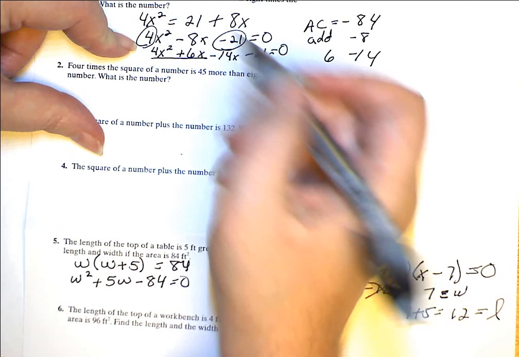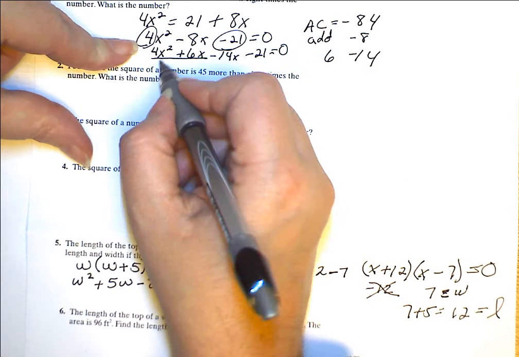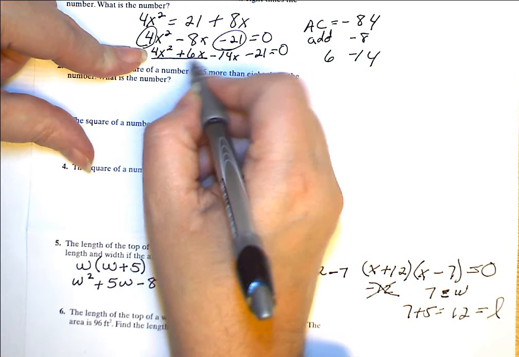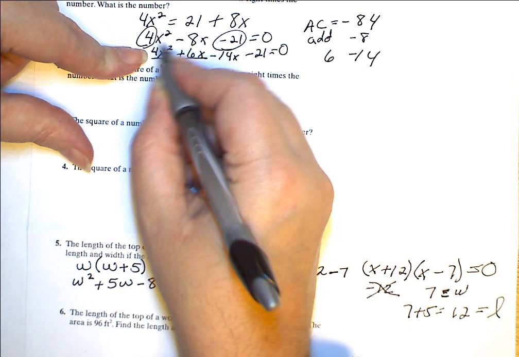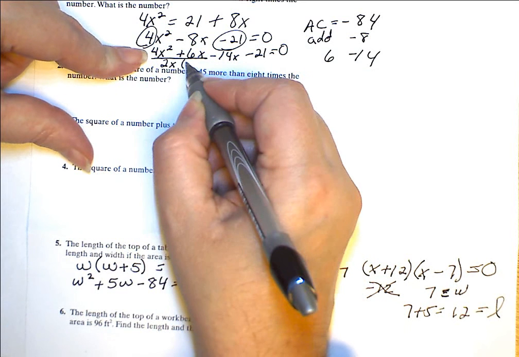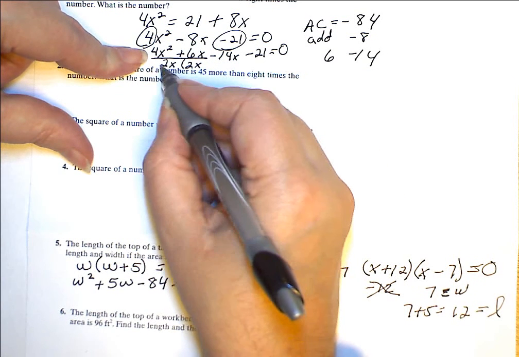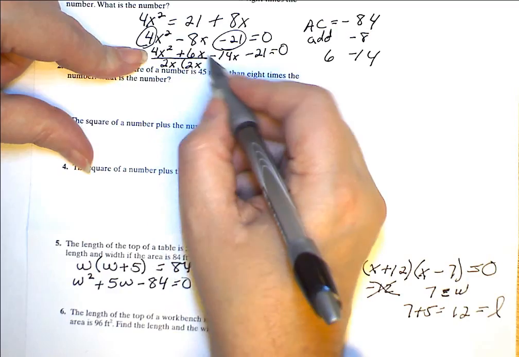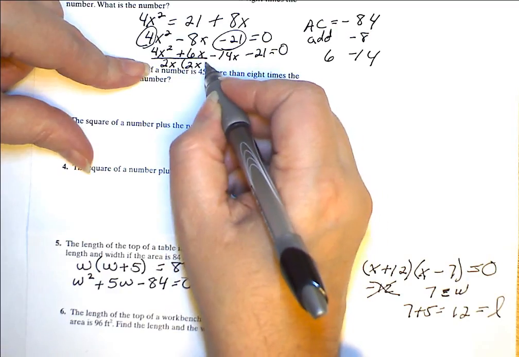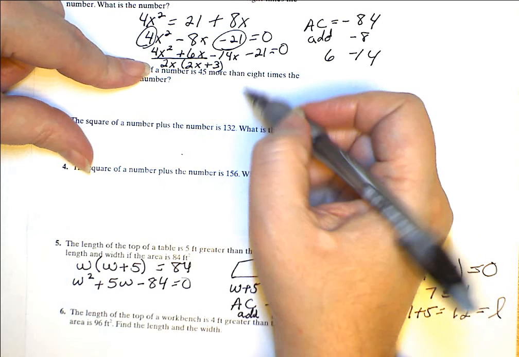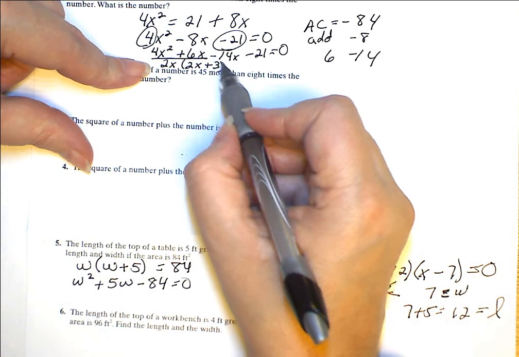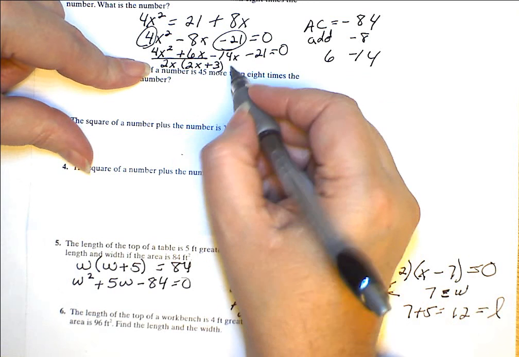So, all right. What's in common is 2x. 2x times what gives me 4x squared? 2x. 2x plus what gives me my 6x? That would be my 3. Always bringing down the same sign, so I'm taking out a negative.